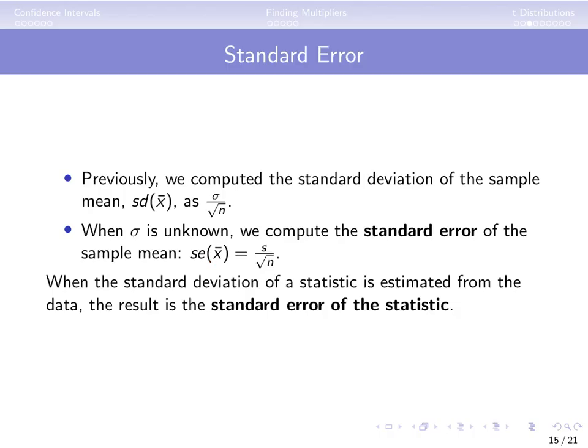The term standard error usually implies that in the calculation, we have a sample quantity instead of the population quantity. In reality, we are going to be calculating standard errors a lot more than standard deviations, because standard errors use sample quantities, which are values that we do have, so we can calculate a numerical value.